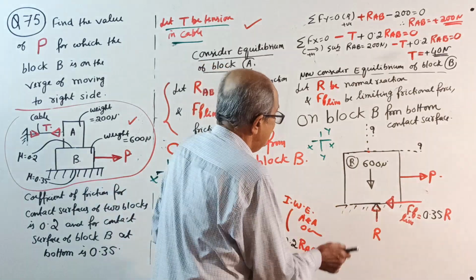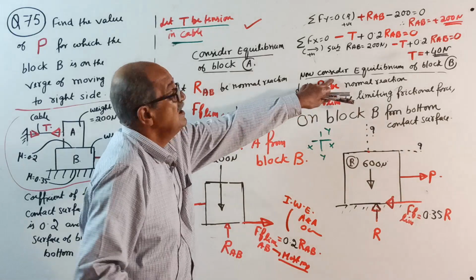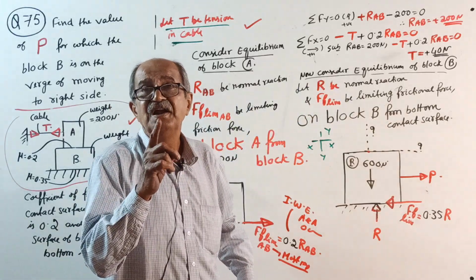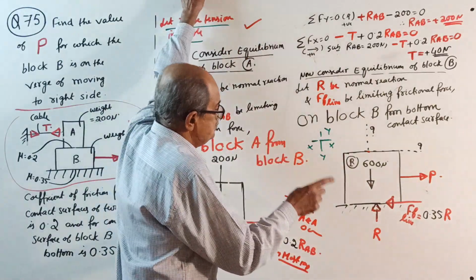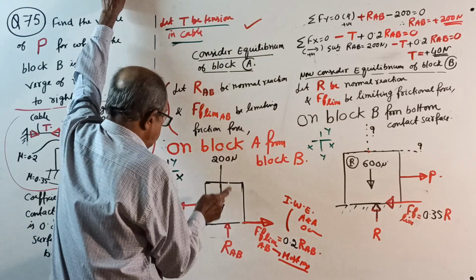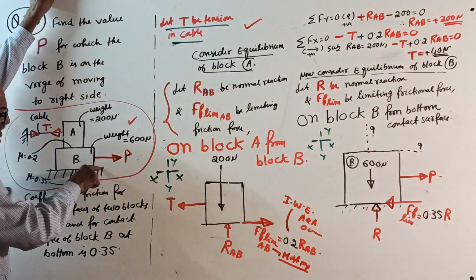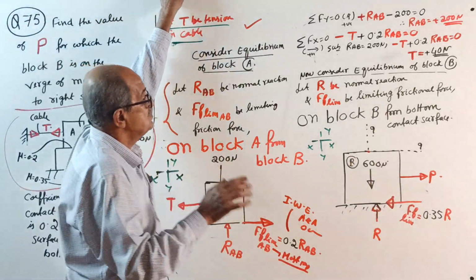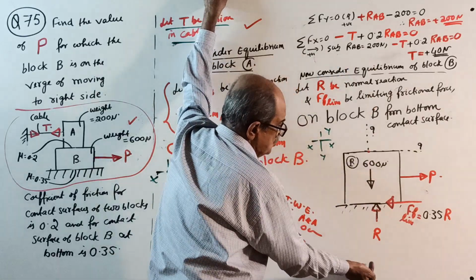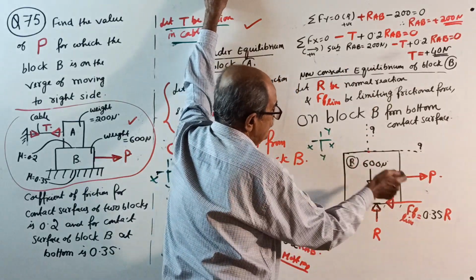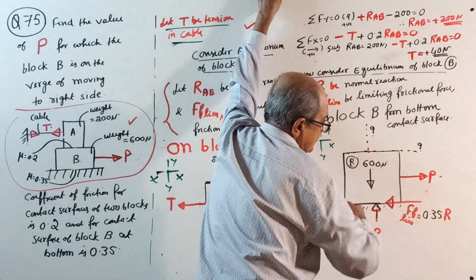First you consider the contact of B resting on the bottom horizontal surface. So from the bottom horizontal surface, this will press down, normal reaction R, and this is on the verge of moving right side, so friction is left side.